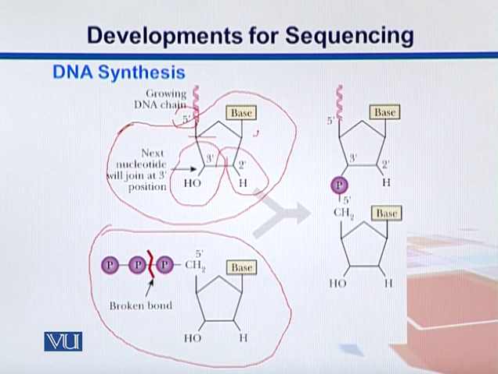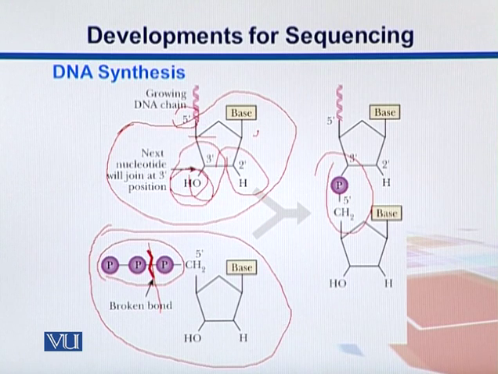It is a triphosphate, basically labeled as dNTP, a deoxynucleotide triphosphate, because there are 3 phosphate groups present. Two of them break away right here and are released as pyrophosphate, and then this nucleotide attaches to the 3 prime position of the previous nucleotide.